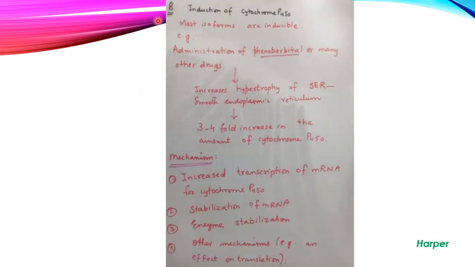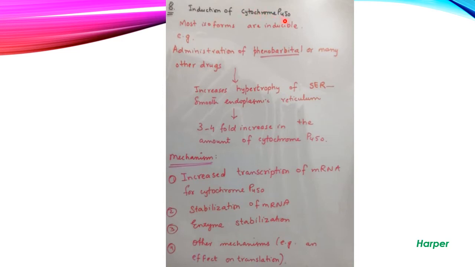Now the eighth point, associated with the significance of cytochrome P450 in phase 1, is the most important of all, and that is induction of cytochrome P450. As you know, the meaning of induction is to induce, to trigger, to initiate.